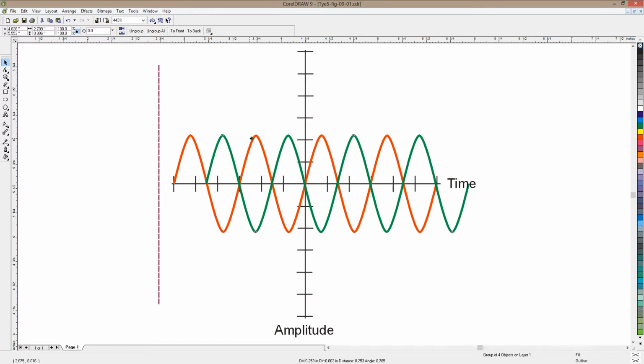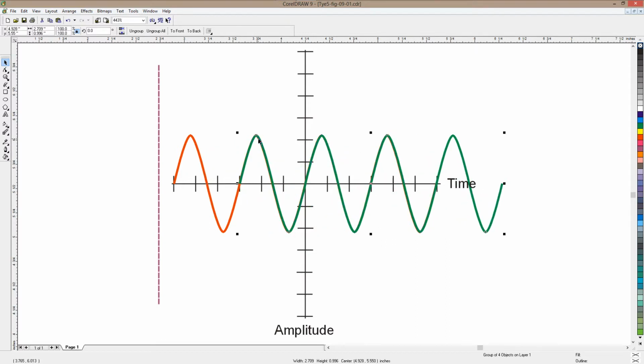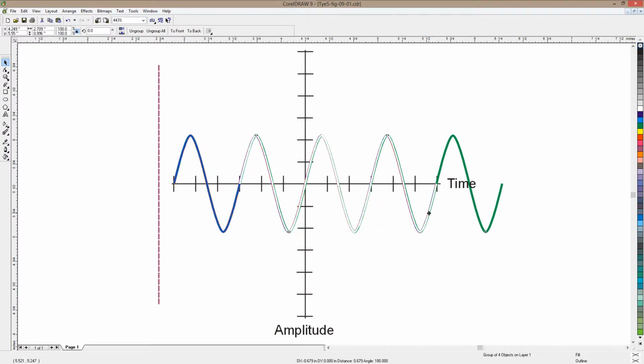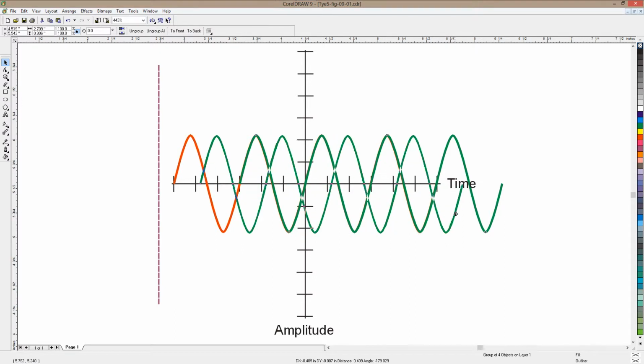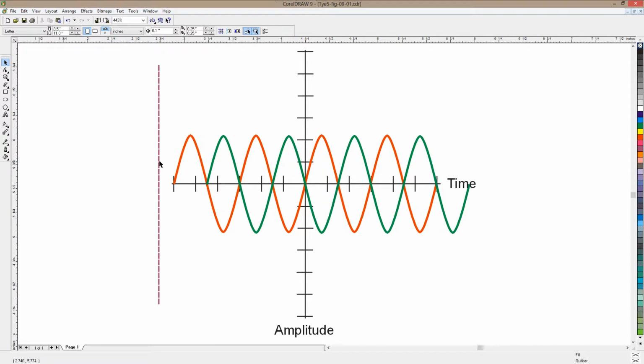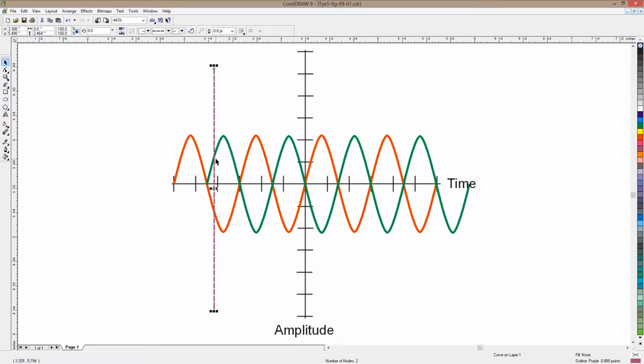If we move it another 180 degrees, we come back into phase. It's just that there's one cycle difference, but the waves once again align with each other, and that's what we get. Notice now we can determine the instantaneous amplitude at any given point of the composite of these two waves by moving this purple dashed line and then looking at the points where the purple dashed line intersects either wave.